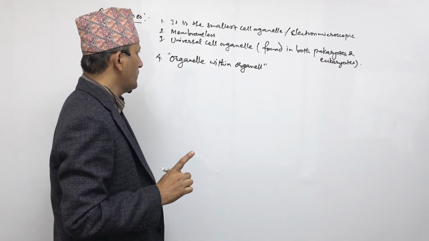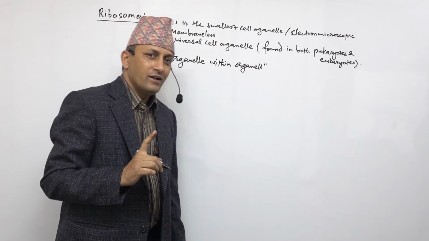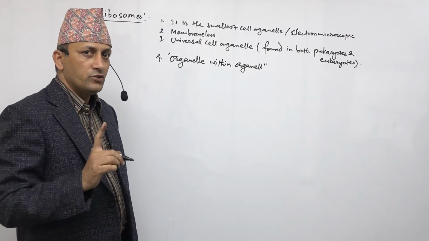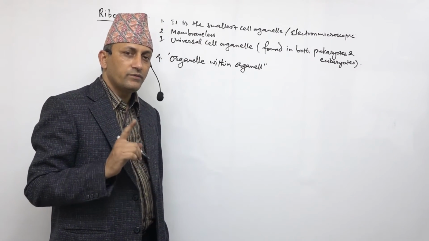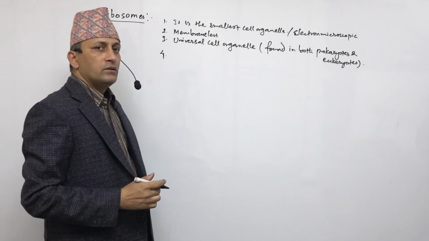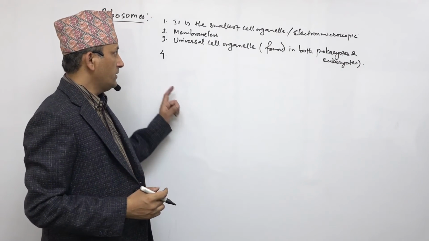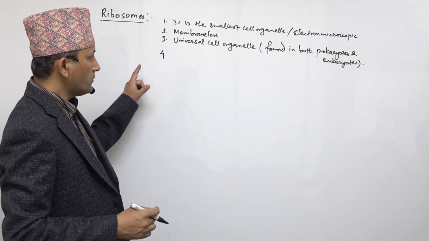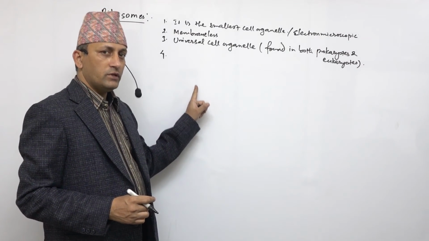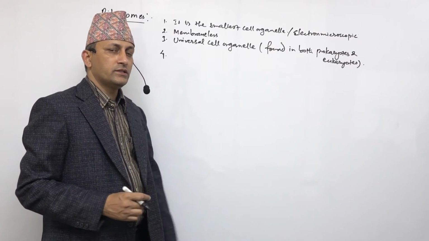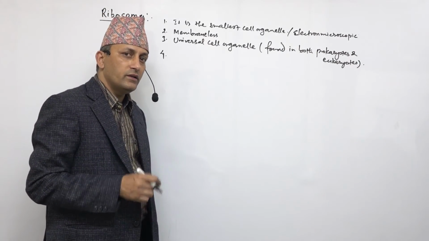Another interesting thing is that it is not only found in the cytoplasm, but it is also found within the cell organelles. That's why it is called organelles within organelles.